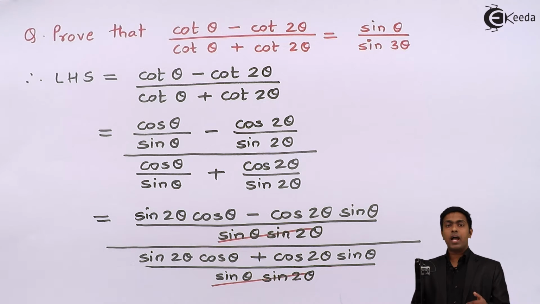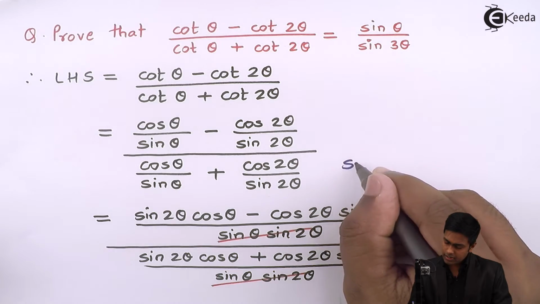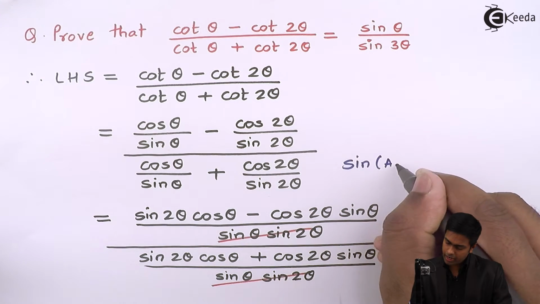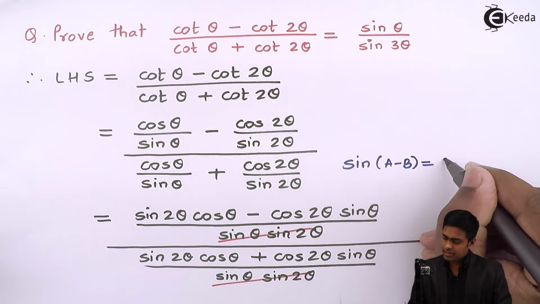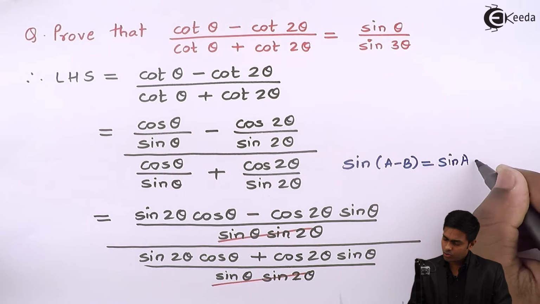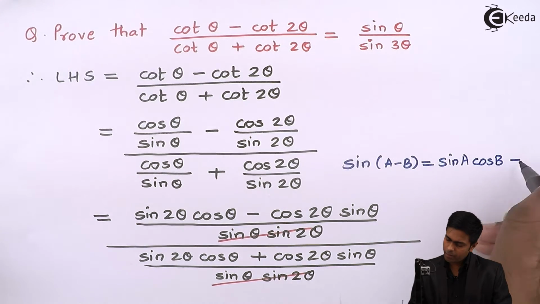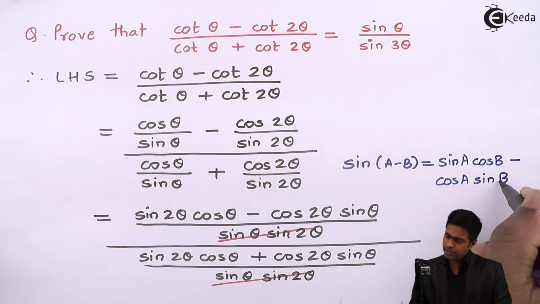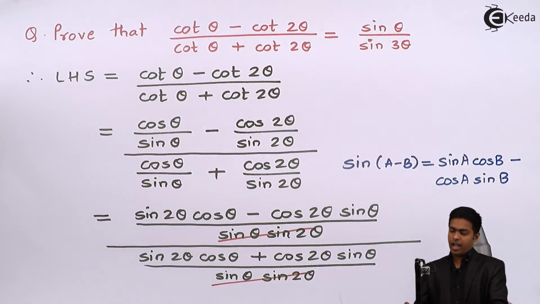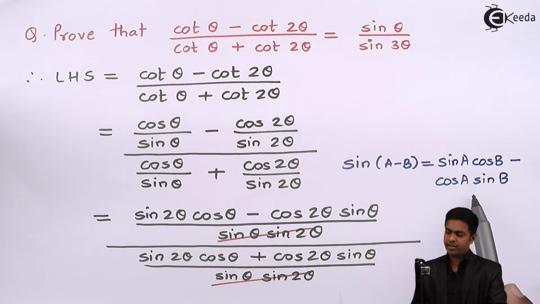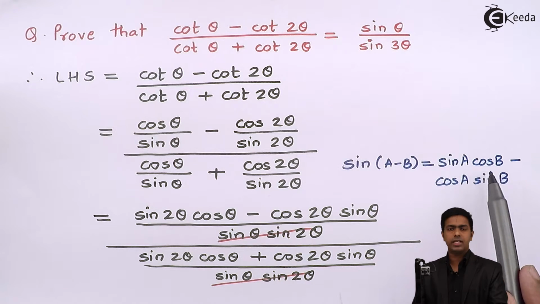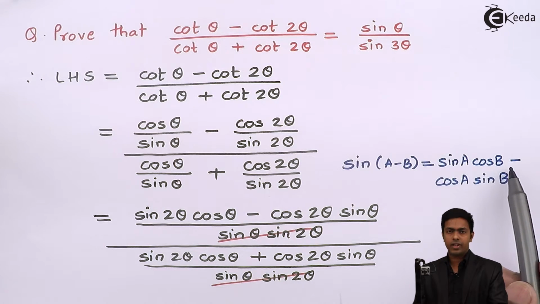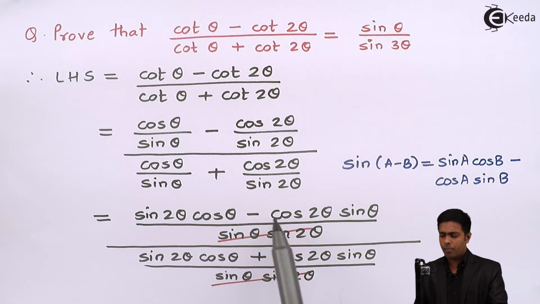So it reminds me of one formula, and that formula is sine of (A minus B), which is sine A into cos B minus cos A into sine B. In this formula we have angles A and B. A is written once with sine, then with cos, and similarly B is written with cos and sine, with a negative sign in between, and I am getting a similar format over here.